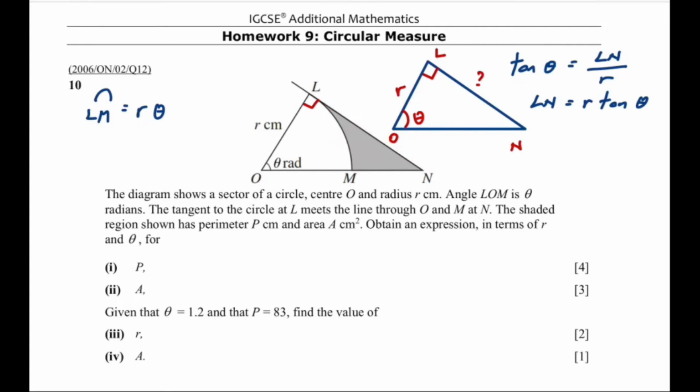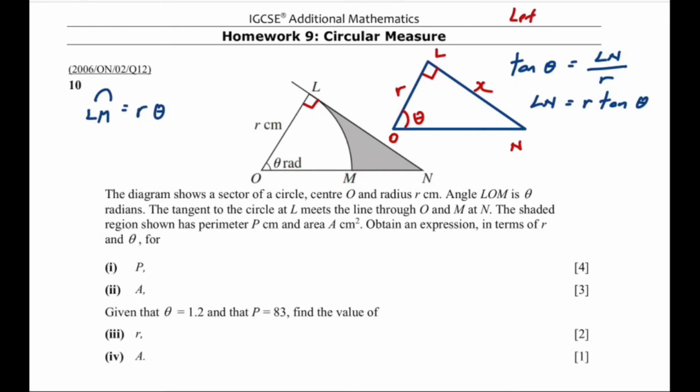One more thing. The length here will be the same as ON. So there are a few things we can do. We can make full use of this angle also. If you want to find ON, let's call this x, to make it less confusing.